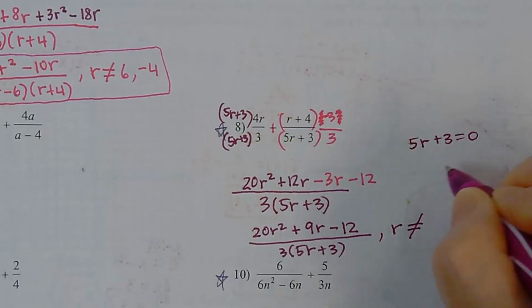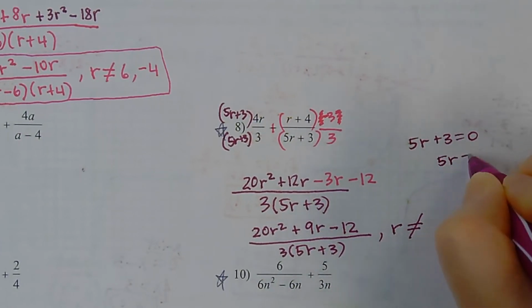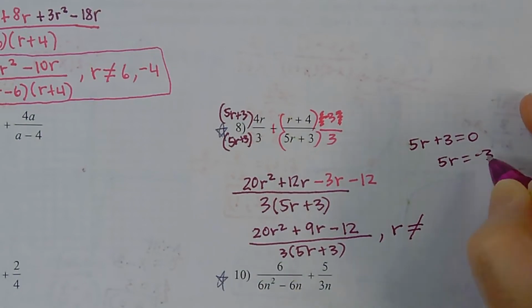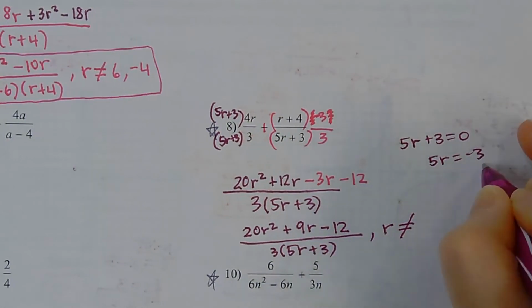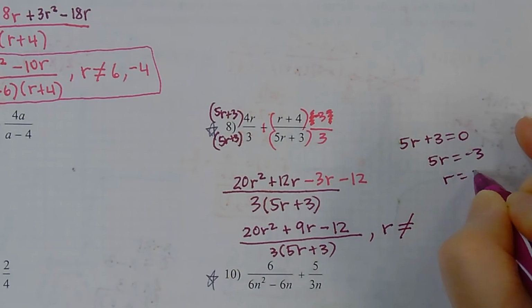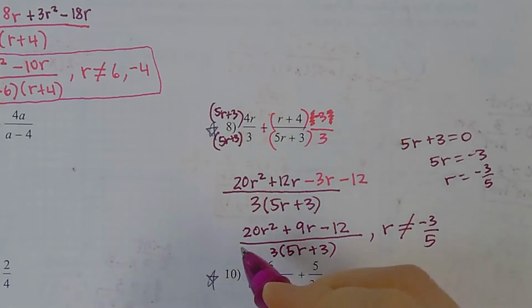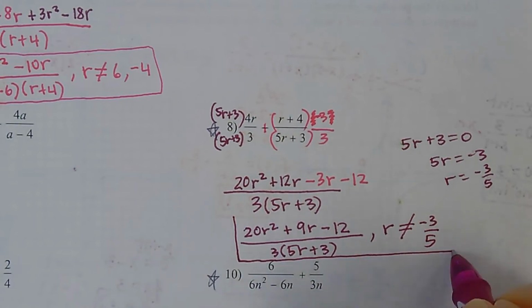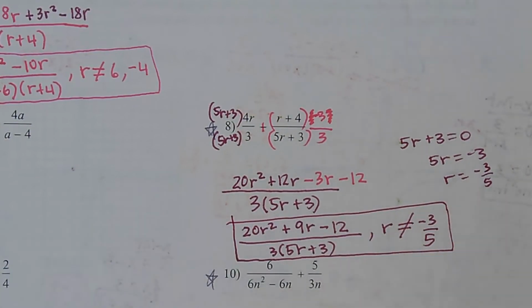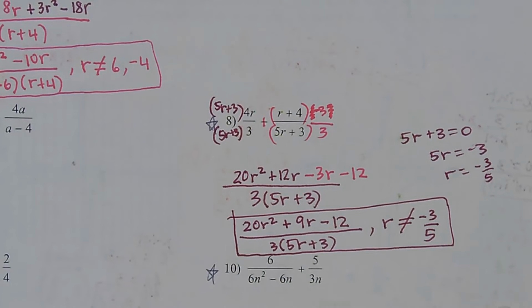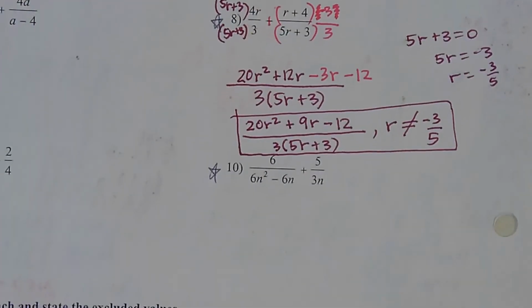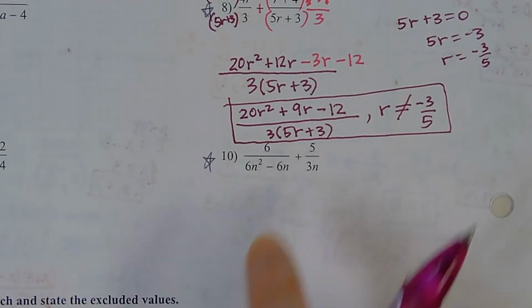Subtract 3 on both sides, right? So that's going to be 5r is equal to negative 3. And then divide both sides by 5, so r is equal to negative 3 over 5. So that is what r cannot equal. Negative 3/5. Could be anything else but that. That's the only thing that's going to turn the denominator to 0. So let's take a look at this guy right here.